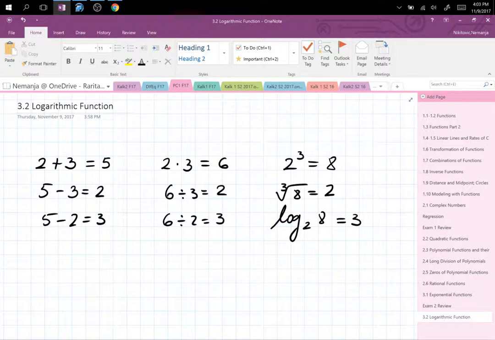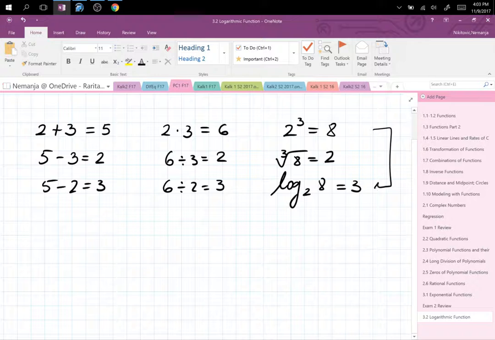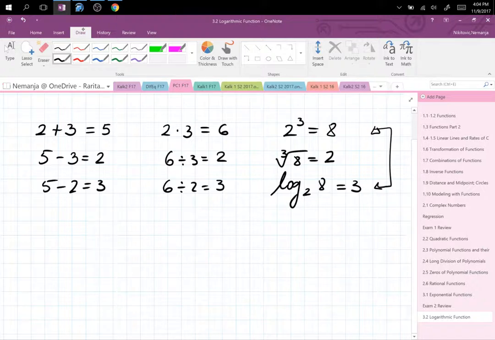So now, when you look at the first and the last line, you see a relationship between exponential functions and logs, which gives rise to the most important formula in chapter 3, which is conversion between exponential and logarithmic form, because they're inverses of each other. So the most important formula for chapter 3 is conversion.